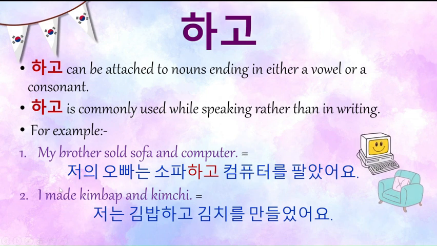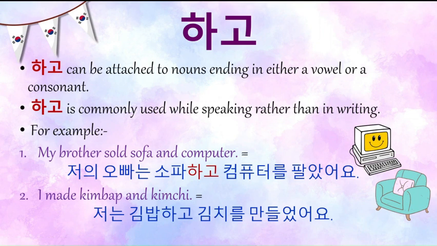My brother sold sofa and computer. 저희 오빠는 소파하고 컴퓨터를 팔았어요. Here, my brother is 저희 오빠는. I have used 오빠 because I have considered the subject in the sentence to be a woman and she is referring to her older brother.